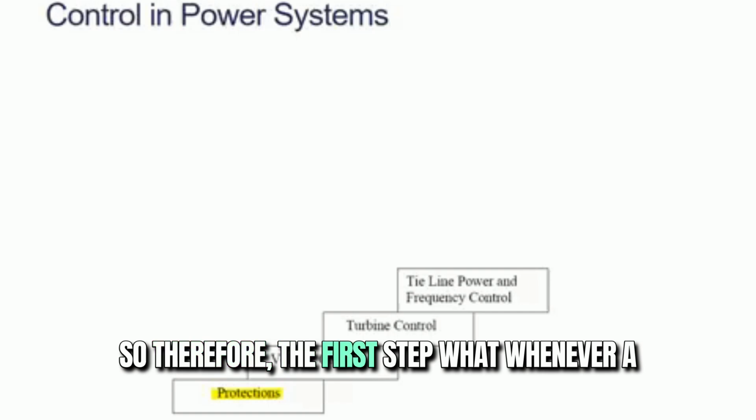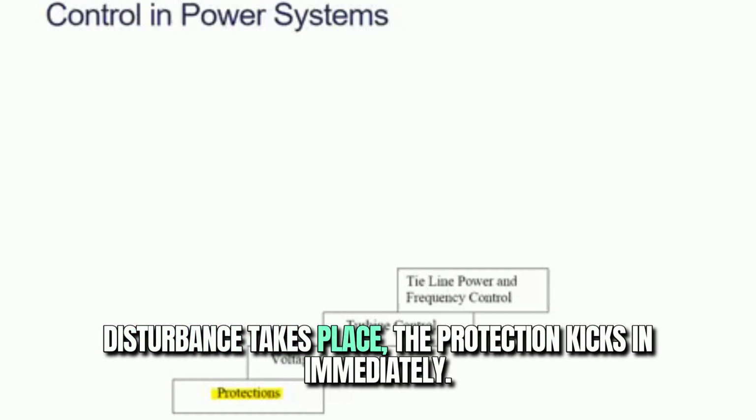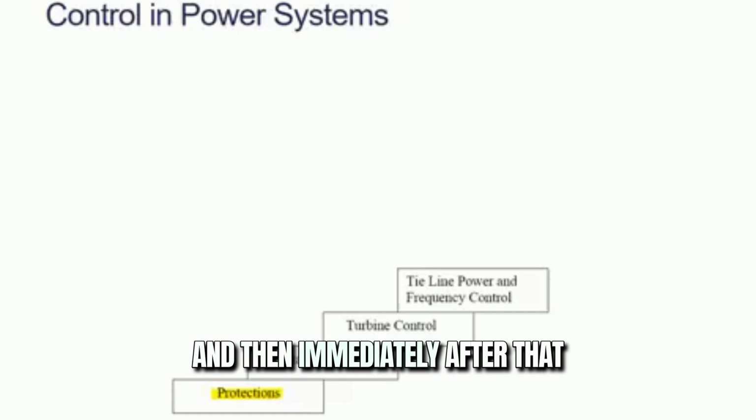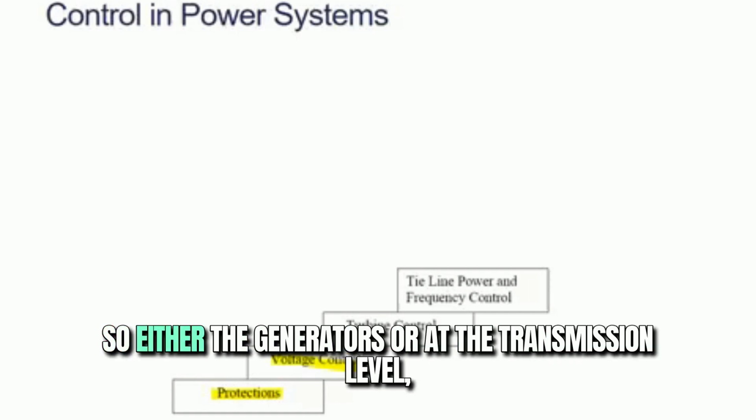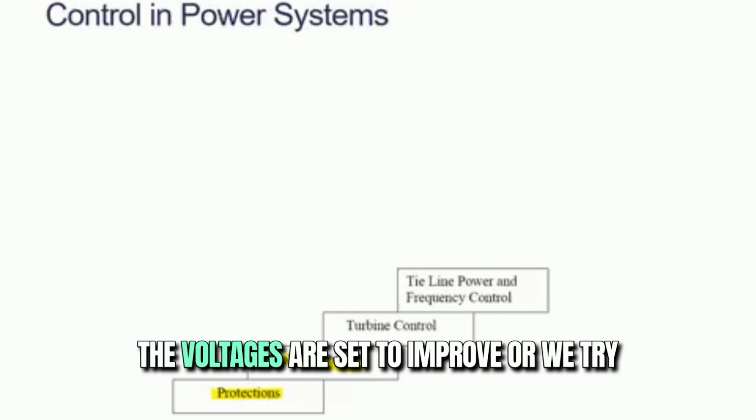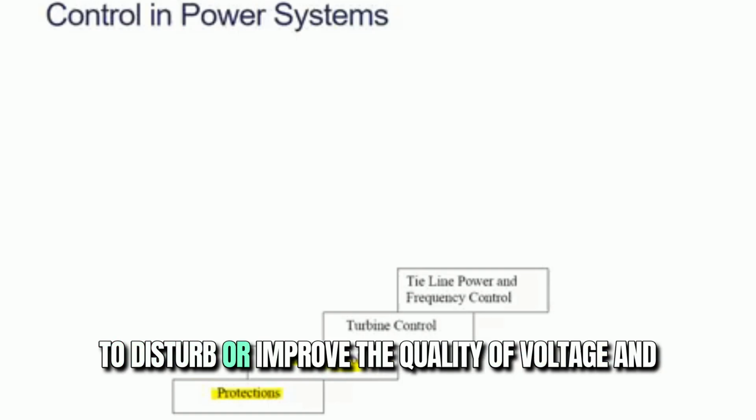So whenever a disturbance takes place, the protection kicks in immediately. And then immediately after that the voltage control kicks in, so either at the generators or at the transmission level, the voltages are set to improve the quality of voltage.